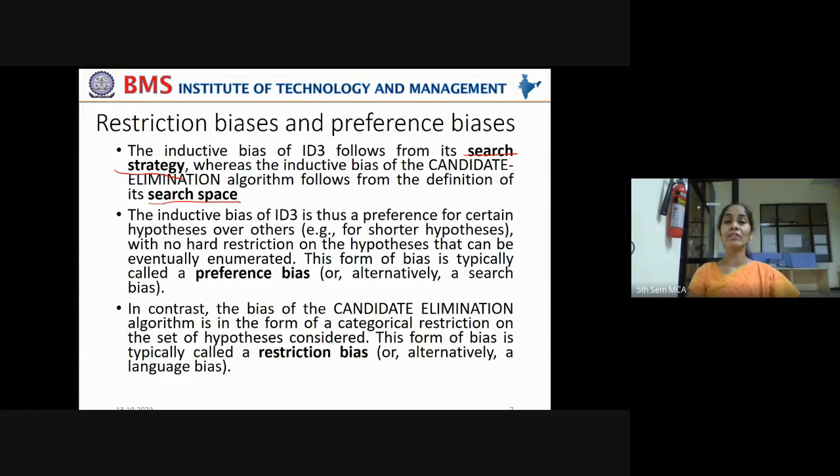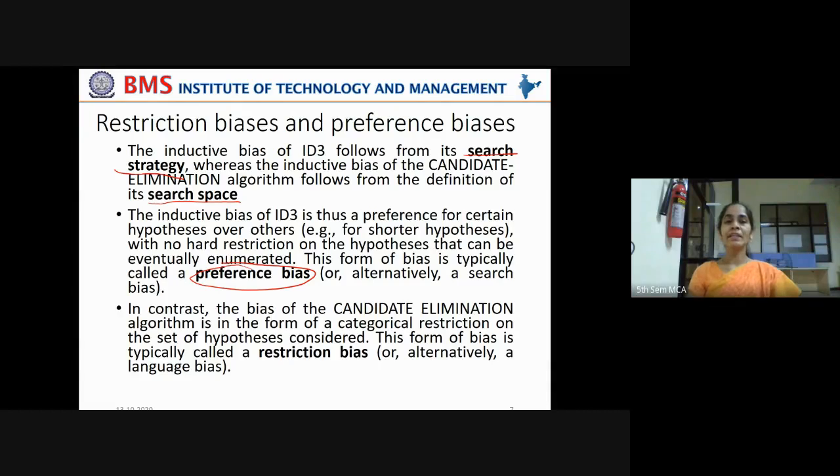That is how you need to understand the inductive bias of ID3, right? It has lots of options, but it is preferring only one optimal decision tree by considering the measure called information gain. That is why we call it the preference bias.